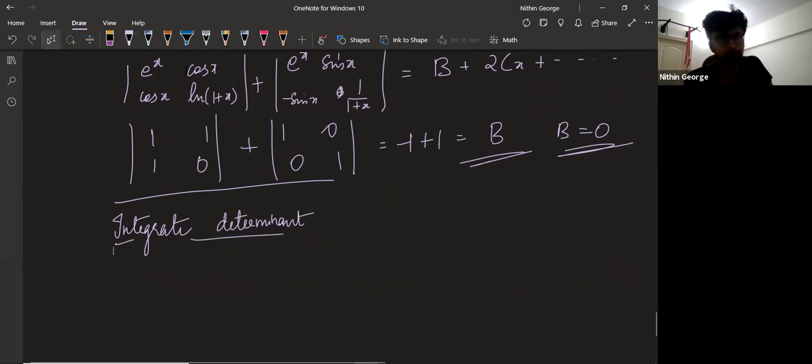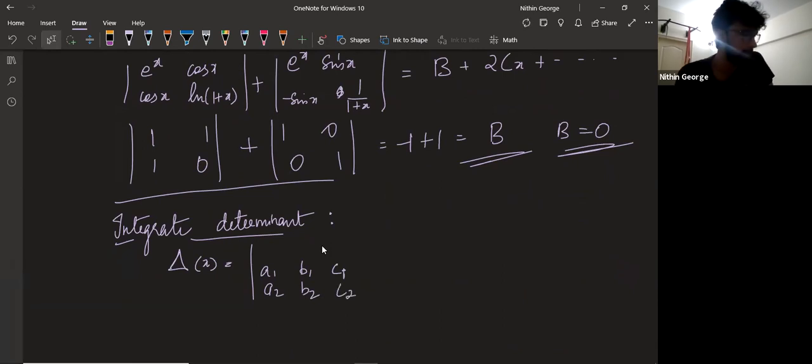For that, you have to make sure wherever you integrate is only along a row. What is integration? It's basically addition, right? In a continuous sense, it is basically addition.